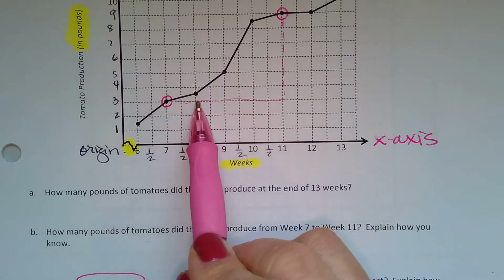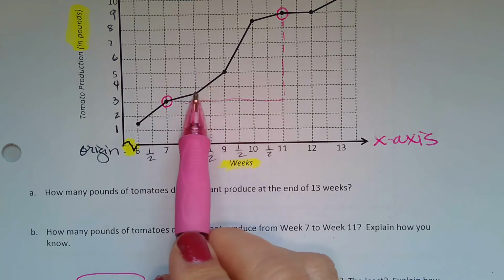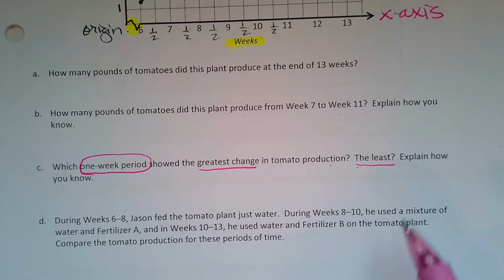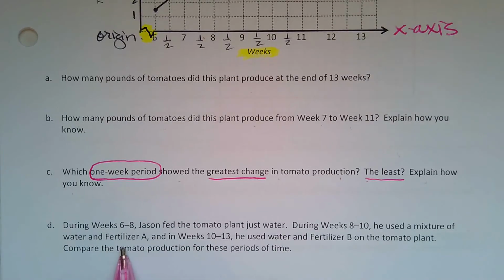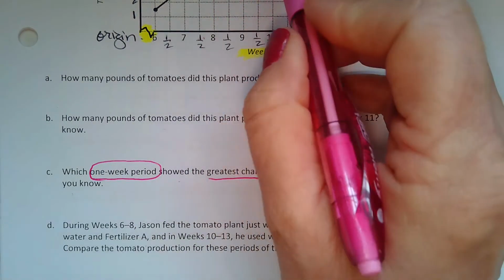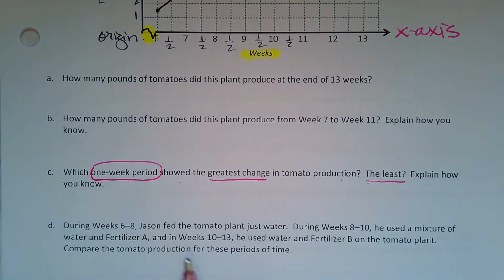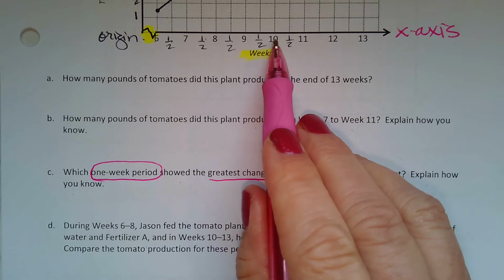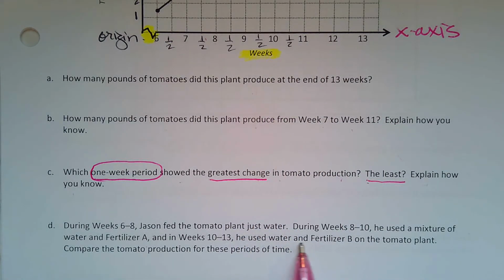Look at the growth. So from here to here, just water. From here to here, he used a mixture of water and fertilizer A. And weeks 10 through 13, he used water and fertilizer B on the tomato plant.